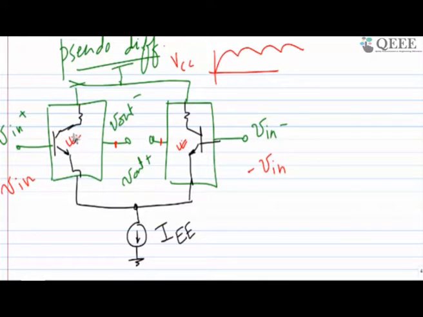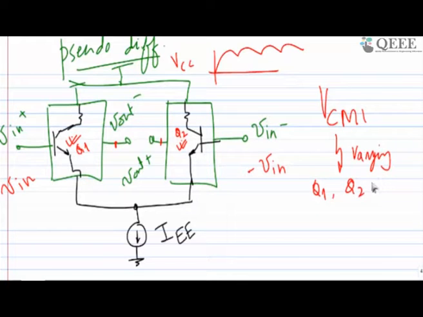active mode of region, that is being taken care of by the common mode input voltage, and as this input common mode voltage is varying, my transistors Q1 and Q2 should not give different currents, like IC1 and IC2 both have to be independent of VCMI.